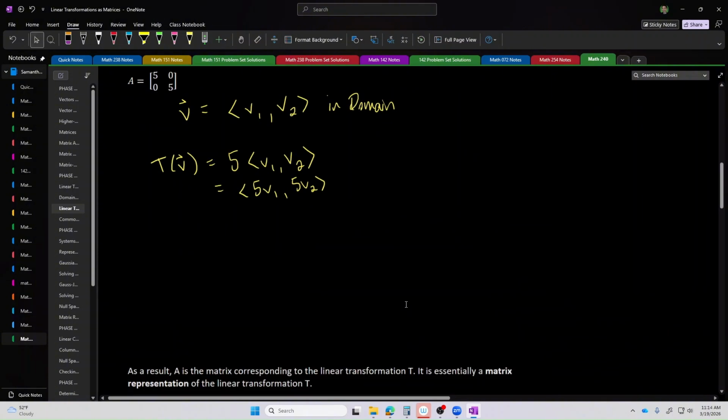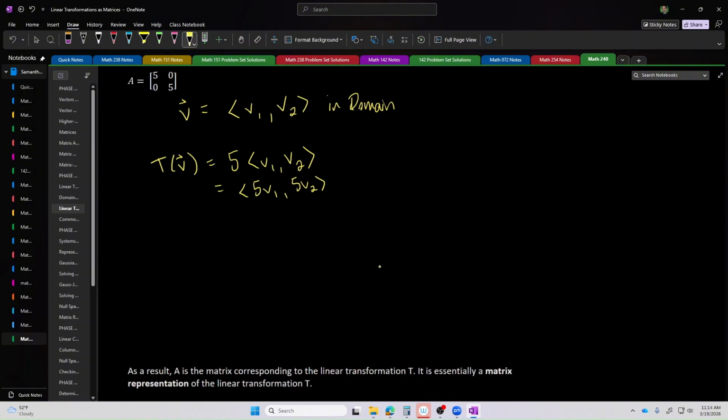Meanwhile, if I compare what I get when I multiply V by this matrix A, 5, 0, 0, 5 times V represented as a column, in this case, if I do those dot products, I'll still just get 5v1, 5v2, which is the same vector, just written in column notation.